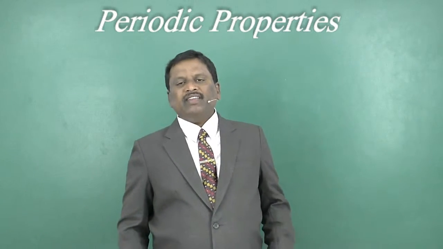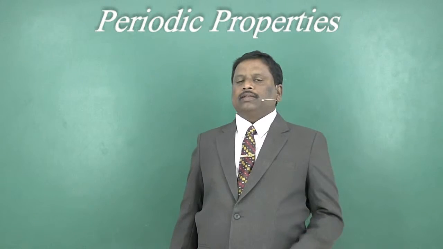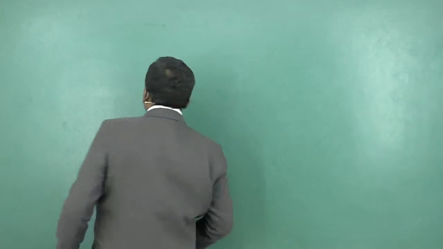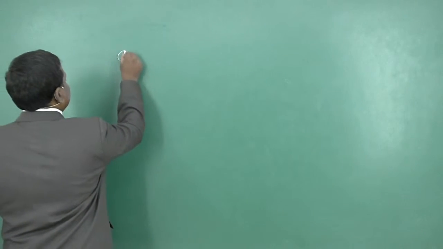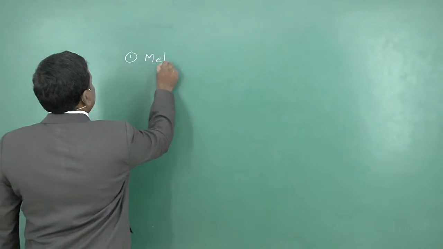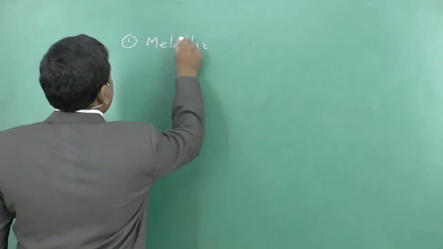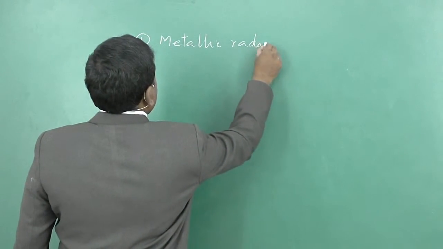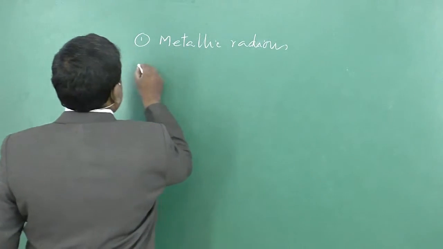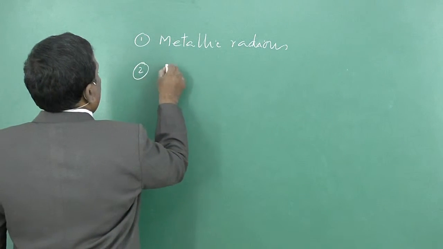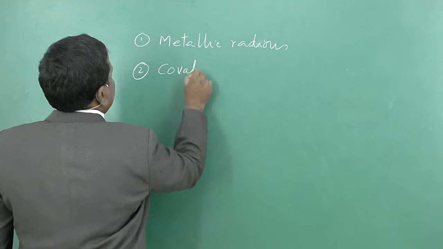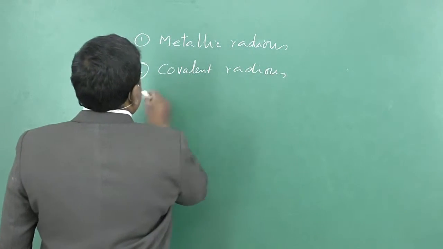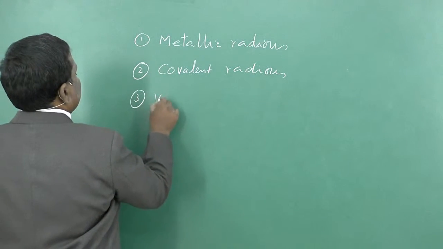The important ways to express the radius of an atom are, number one, metallic radius, covalent radius, and van der Waals radius.